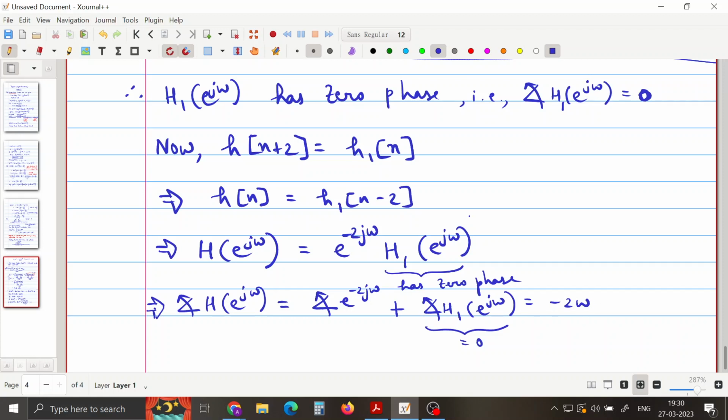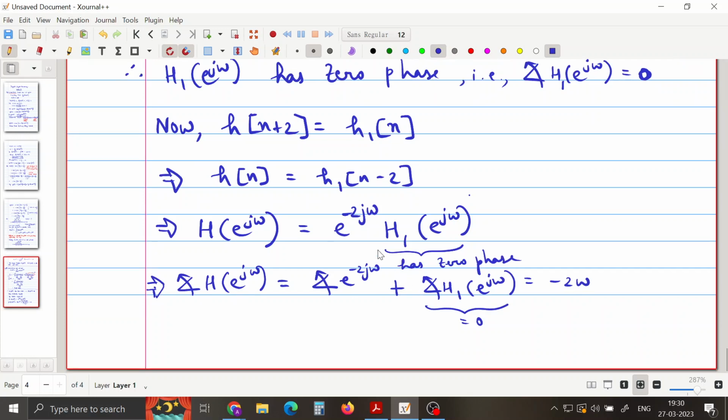Okay, so we have now found the phase of the actual frequency response corresponding to the actual impulse response. So all we need to do now is find the group delay that was being asked in the question. So that's it, we are done.